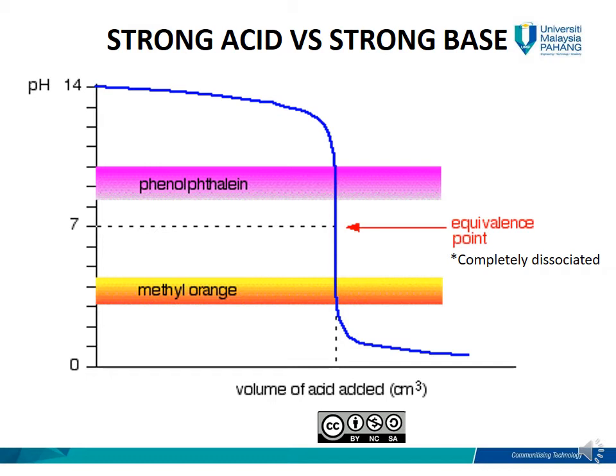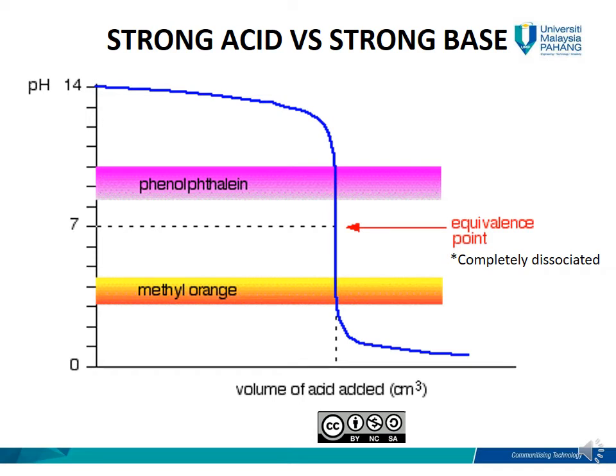So here we can see that when strong acid reacts with strong base, by using two different kinds of indicators, we can see methyl orange and phenolphthalein. But during our lab session we use phenolphthalein, right? So here we can see a very sharp sliding down, that shows the equivalent point occurred in this range.